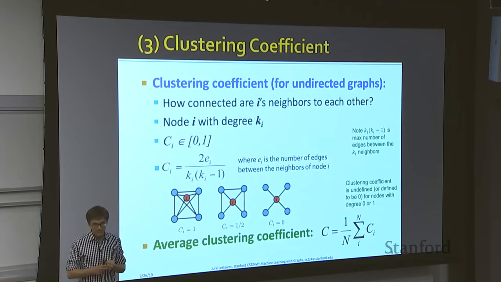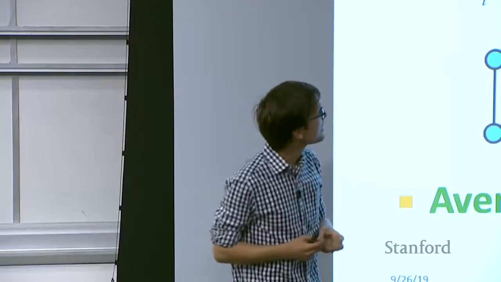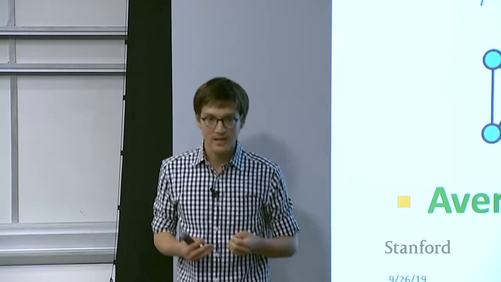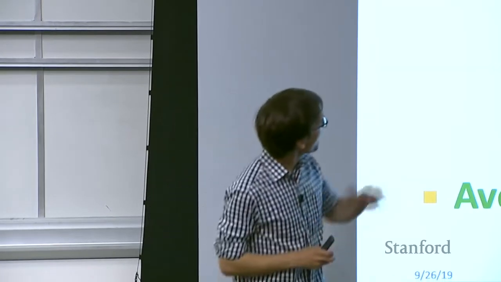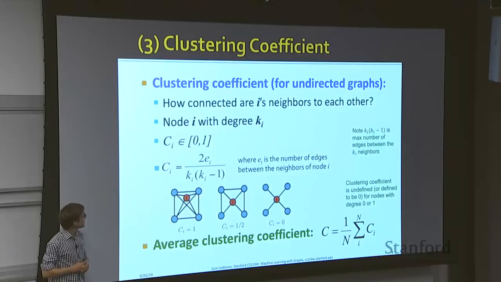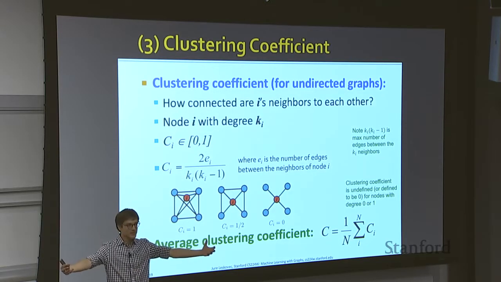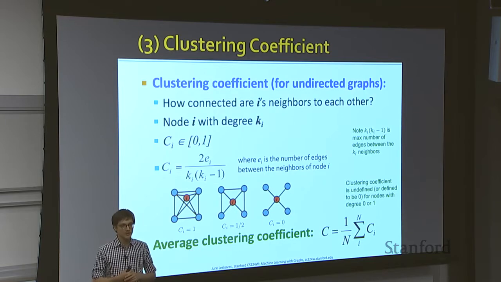The second one, the motivation really comes from social science, and this metric is called the clustering coefficient, and it's essentially only defined for undirected graphs. The question that it tries to answer is how connected are one node's neighbors to each other, okay? So the idea is that for every node i, we are asking its neighbors, its friends, how much do they know each other, right?